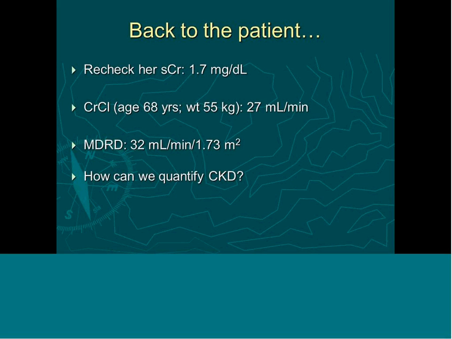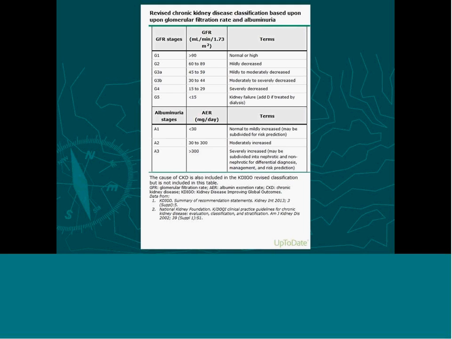So how do we quantify chronic kidney disease? This is the chronic kidney disease classification based upon glomerular filtration rate and albuminuria. I see this chart. There are ranges that I just want to point out here.